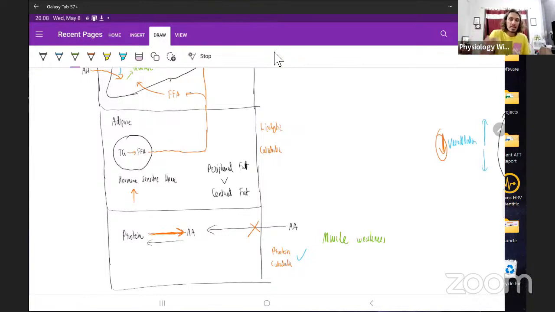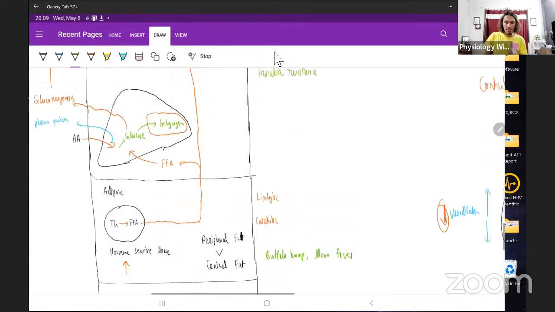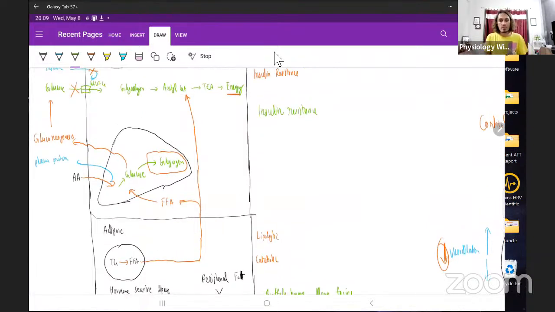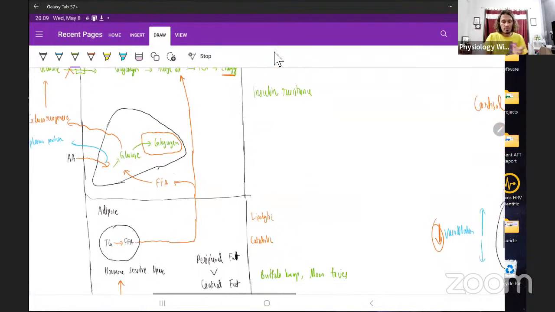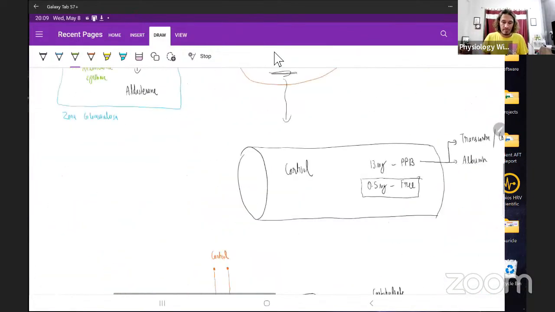So because of this, the periphery is very thin, but the central parts become big. So the proper buffalo hump, moon facies, all of these start developing. So this is essentially what Cushing syndrome is. We talked about Cushing syndrome just by understanding all the mechanisms that are happening here.